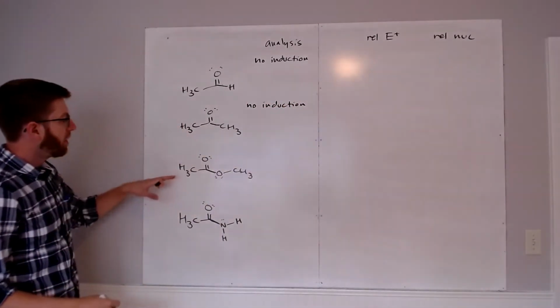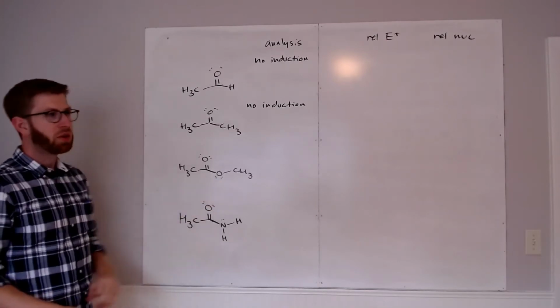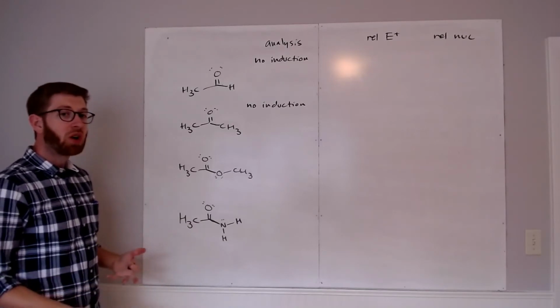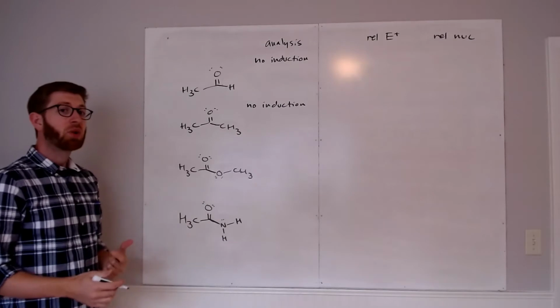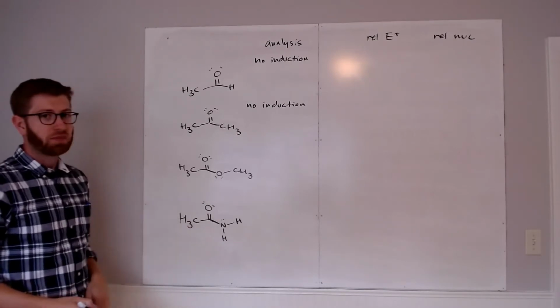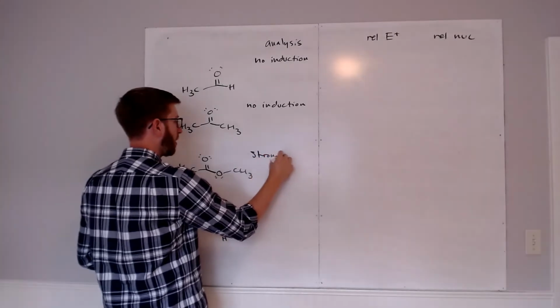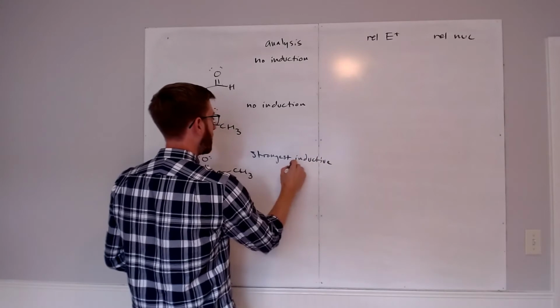And now I've got my methoxy group, so an oxygen, but looking ahead, I also am going to have a nitrogen. So of these two atoms, I know that one of them is a stronger inductive acceptor than the other because one of them, the oxygen, is more electronegative than the nitrogen. So this will be my strongest inductive acceptor.